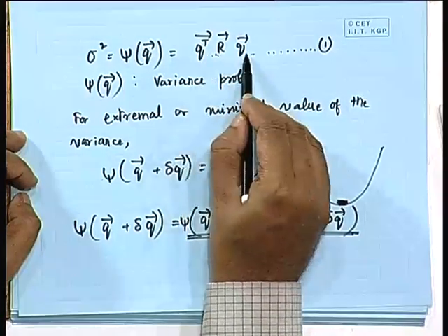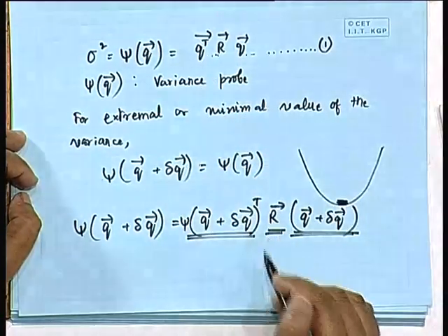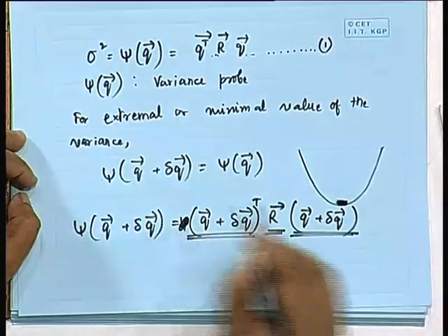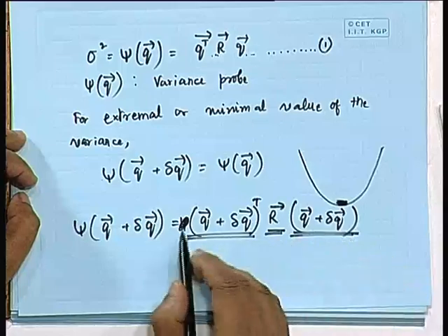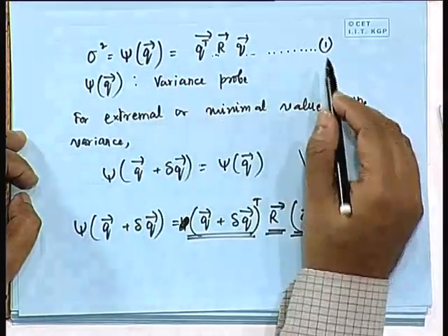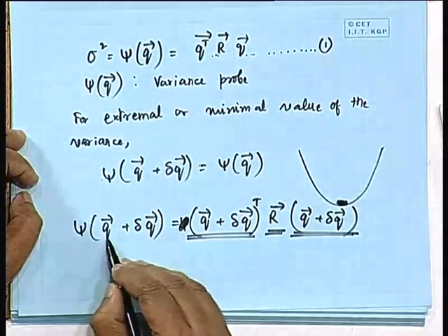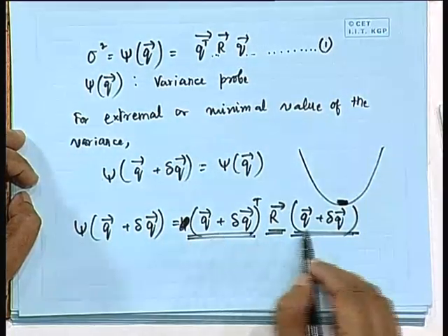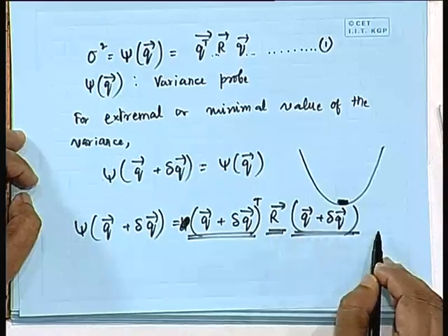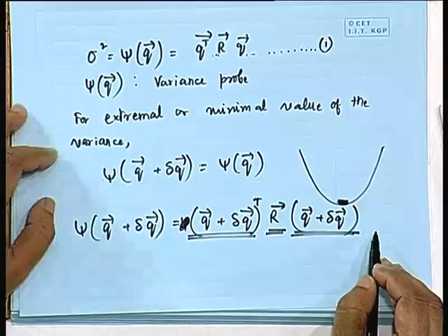Oh, so not psi, that is wrong. Yes, thank you very much for the correction. So by applying the definition of equation 1 only, psi of q plus delta q is equal to q plus delta q transpose r, q plus delta q, right.